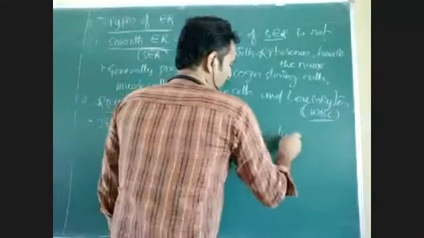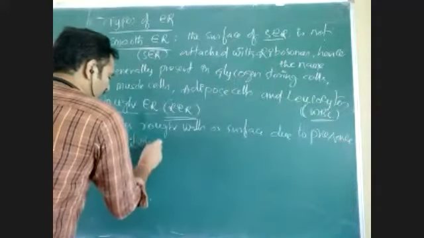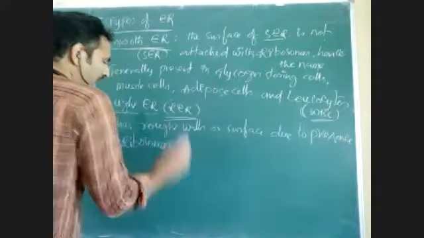Due to the presence of ribosomes. As ribosomes are present on the surface of endoplasmic reticulum, that surface is rough. That's why it is called RER, or rough endoplasmic reticulum.